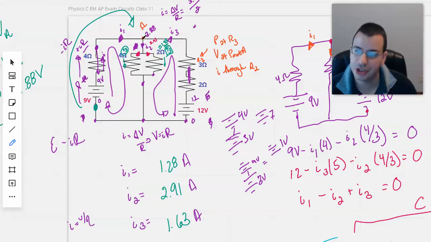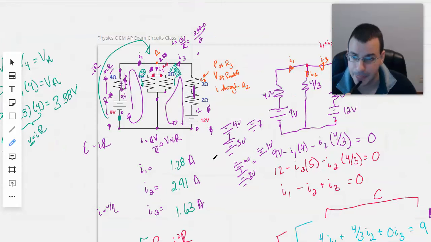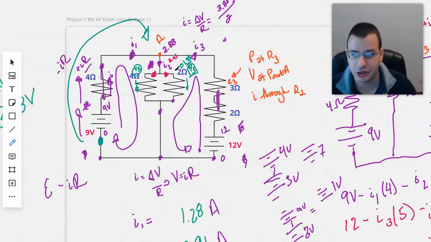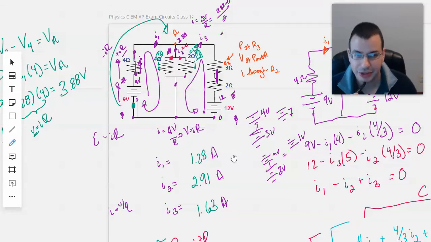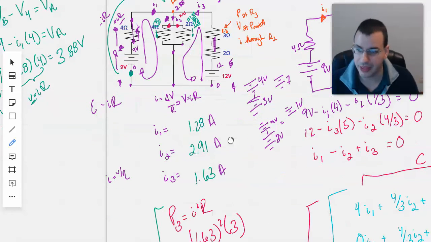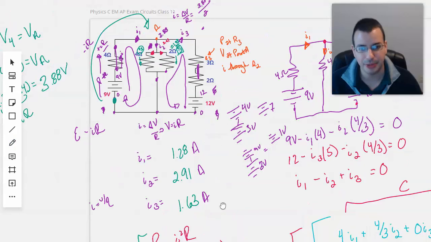Then we used the voltage at A and looked at the voltage at the other side of the resistor to find out how much current was flowing through that resistor. We also could have done it by just looking at a ratio of the resistance of those resistors. That would have also given us the same answer. And that is how you solve this kind of problem.